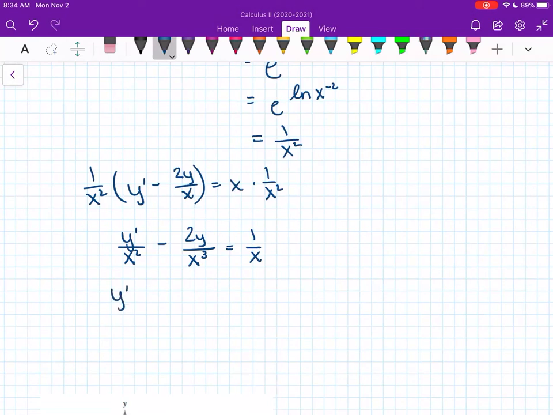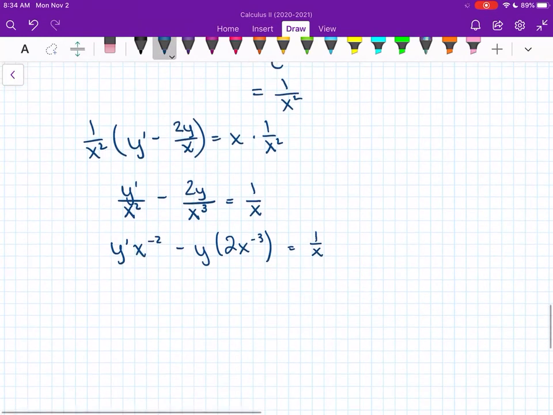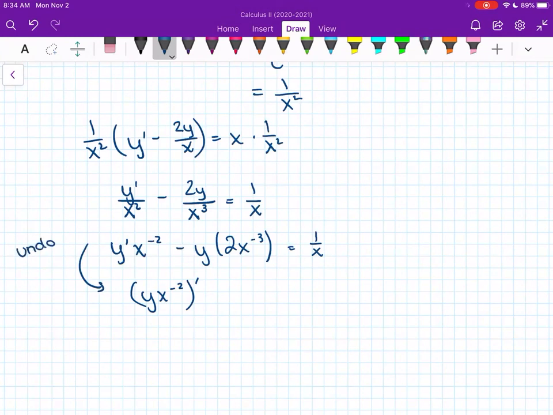So if I rewrote this as y prime times x to the negative 2 minus y times 2x to the negative 3 equals 1 over x, it's a little easier to see that I really have y times x to the negative 2. I have the derivative of that, and so that's using the product rule. So I really have y times x to the negative 2.